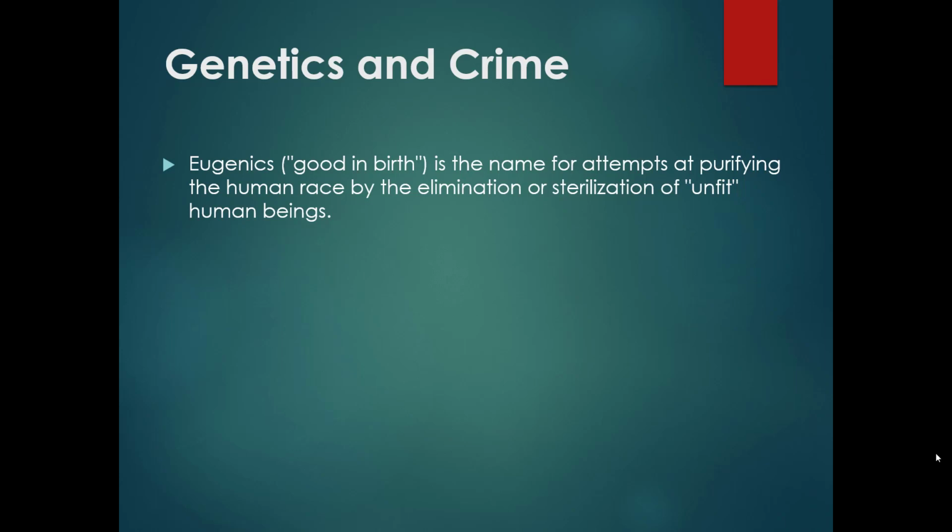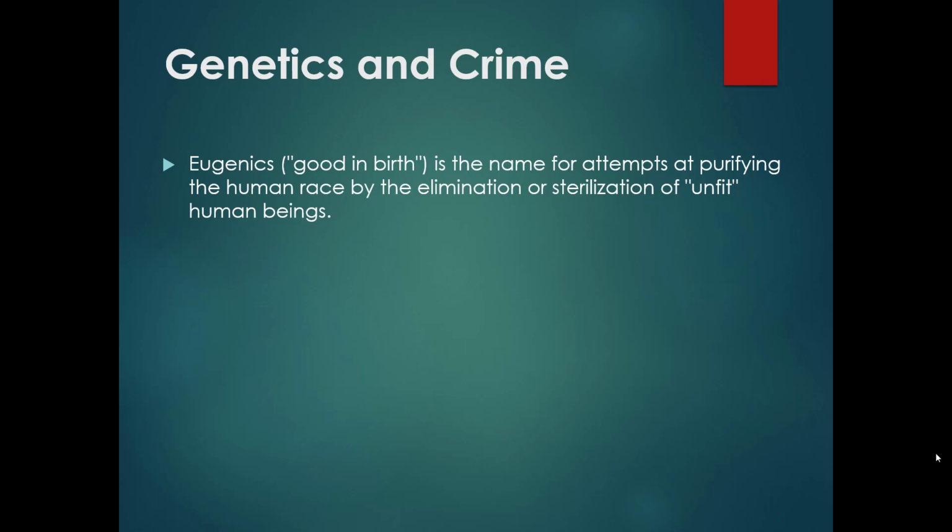Eugenics means good in birth. It's the name we apply to societal attempts to purify the human race by either eliminating the unfit or promoting the fit. So eugenics tries to make the human race better by getting rid of bad genes in the population.